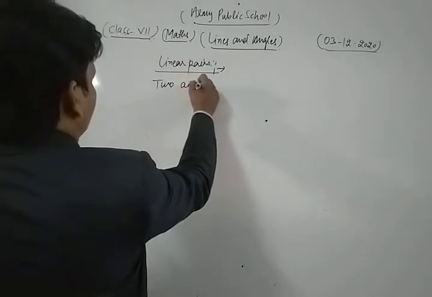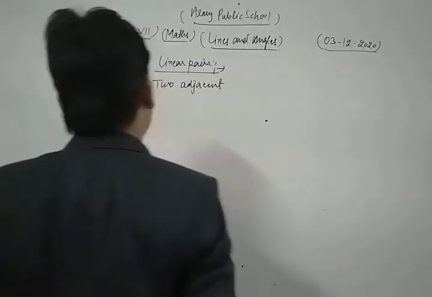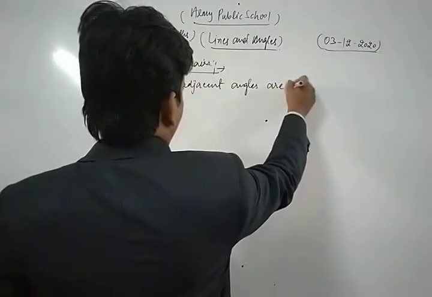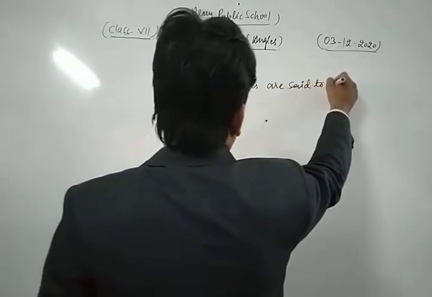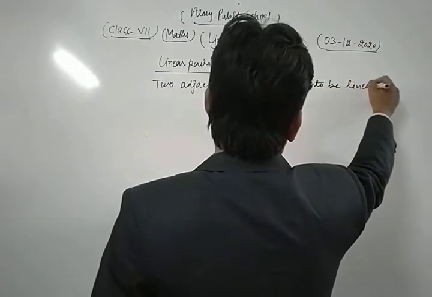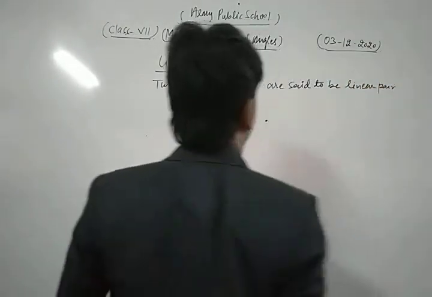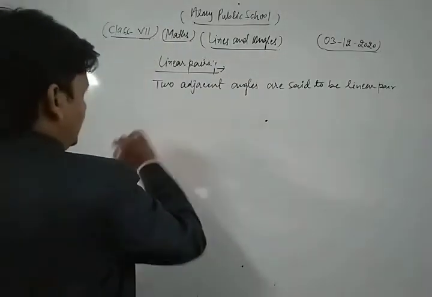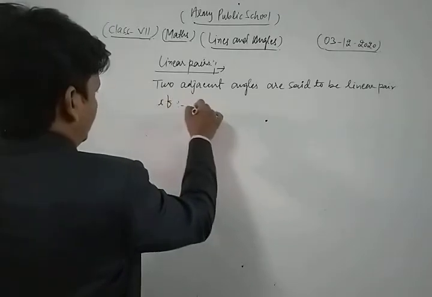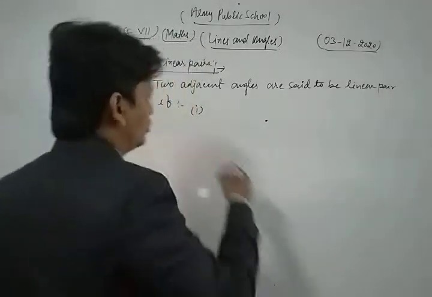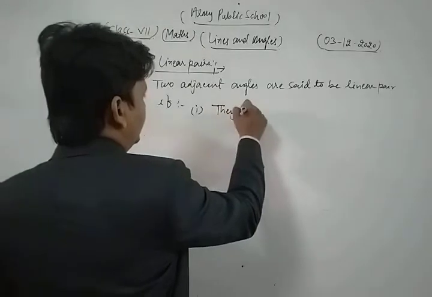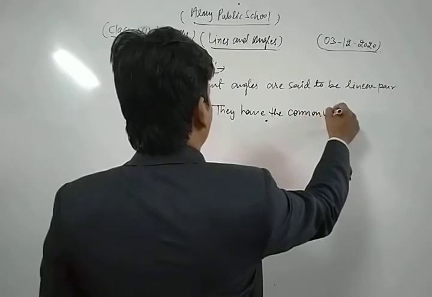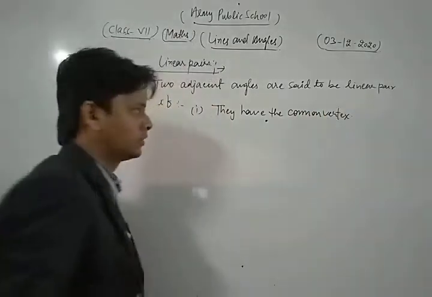Two adjacent angles are said to be a linear pair if, first, they have the common vertex, okay, dear students.